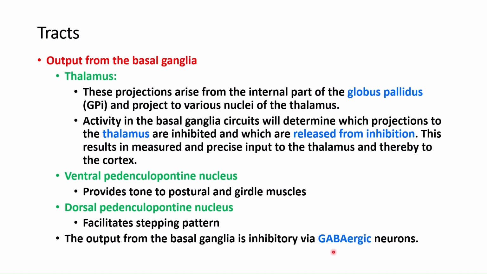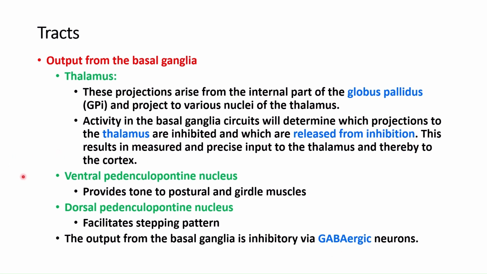GABA is normally the one that inhibits sending signals from the internal part of the globus pallidus to the thalamus. So depending on whether those neurons are inhibited or not, you get some activity sent to the thalamus, or it may not be sent at all.